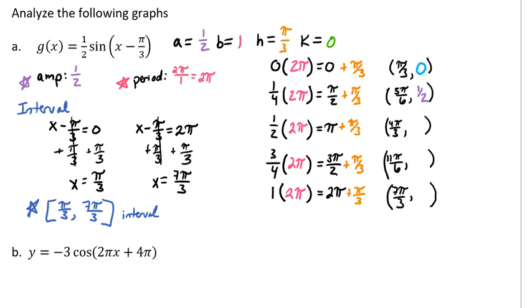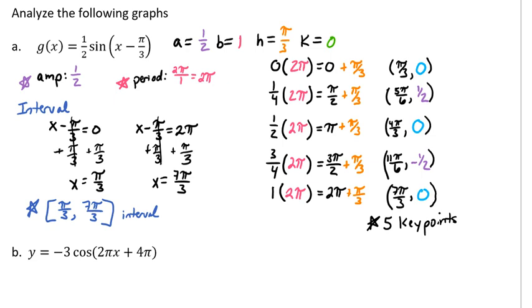Then back to the center line, which is 0. Then down to the minimum, which will be a negative amplitude, so negative 1/2. Then back to our center line of 0. And these 5 points represent our 5 key points. And so we found all the pieces necessary to analyze our graph of 1/2 times the sine of the quantity x minus pi over 3.